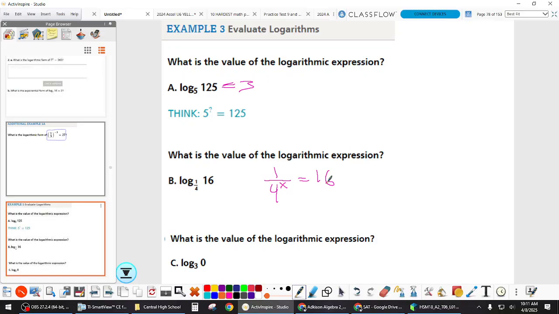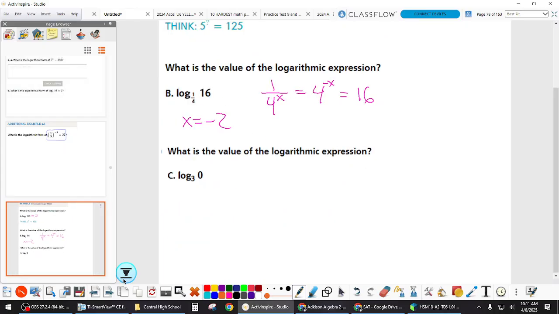How do you move something? You have to have a negative exponent, right? To switch position. So this is really, I'm going to move the 16 over. 4 to the negative x equals 16. So we can switch position. So this has to be -2. Okay? Now this didn't have an x, but that's okay.